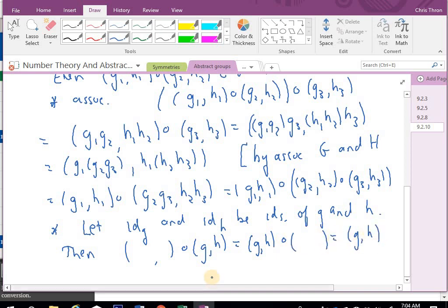That's enough to show identity. And then you do something similar for inverse. You would say let g inverse and h inverse be the inverses of g and h, and then write down a similar statement to get the inverse.